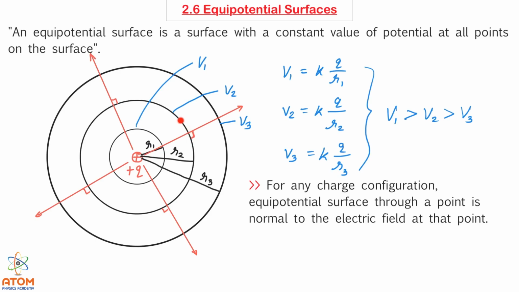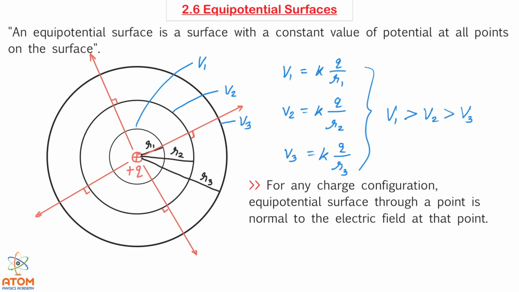When you move on any equipotential surface, the potential remains the same. That means if I move any test charge from this point to this point, the potential is remaining the same. So I will not have to do any sort of work. That means the work done to move any charge on the equipotential surface is always 0.